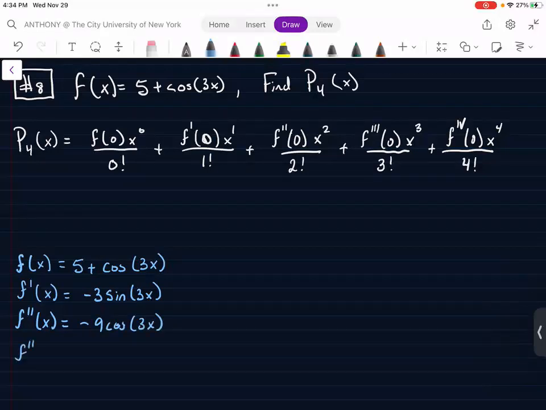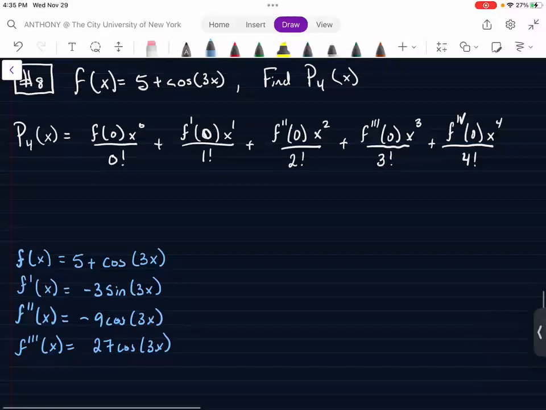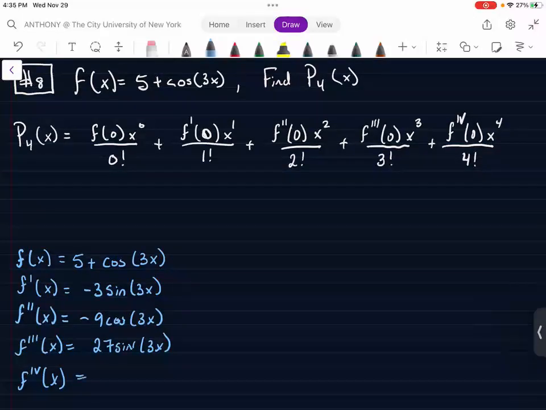F triple prime of x is 27 sine 3x. Sorry, it's sine. And now the next one would have been 27 times 3, which is 81. So f quadruple prime, your fourth derivative, is 81 cosine 3x.